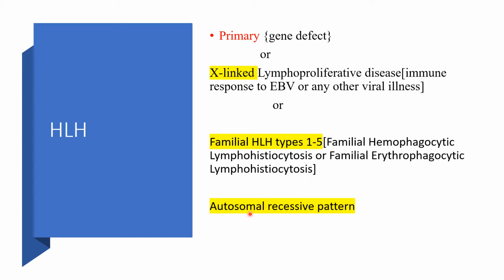This one is inherited by autosomal recessive pattern, meaning the chances of the offspring having this disease will only occur if the defective genes have been inherited from each of the parents. And the probability here will be 25% in each pregnancy.